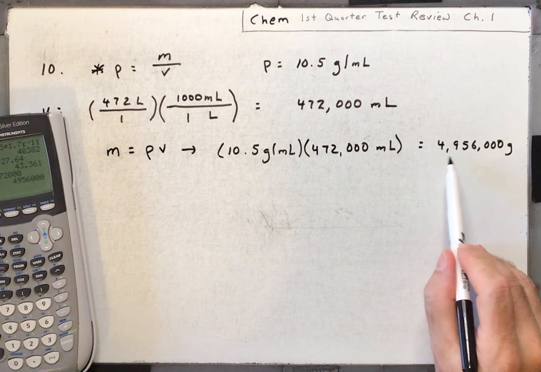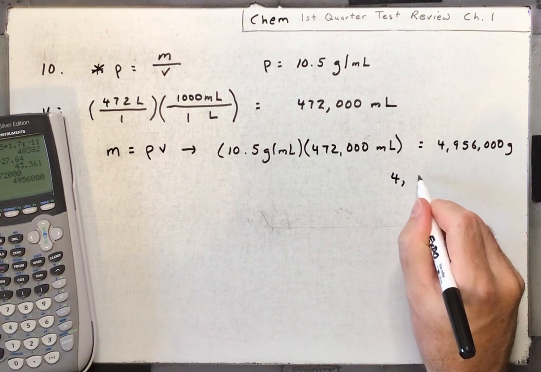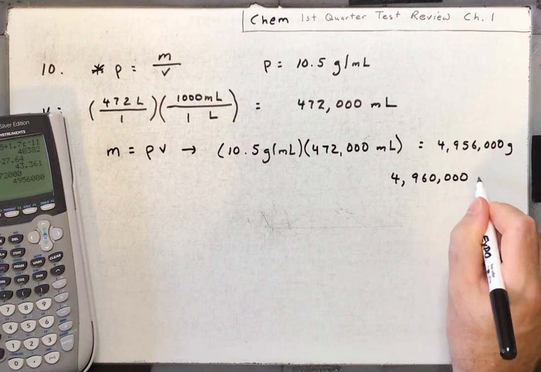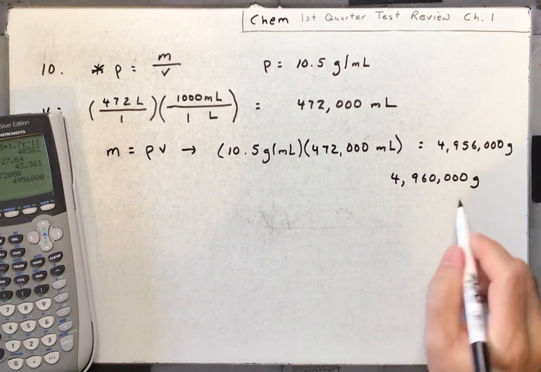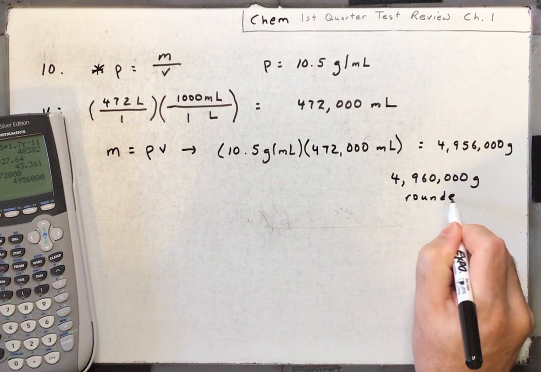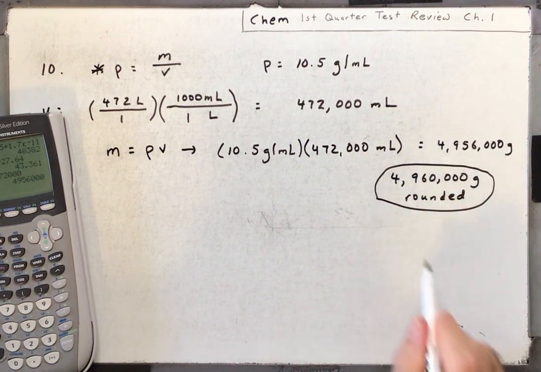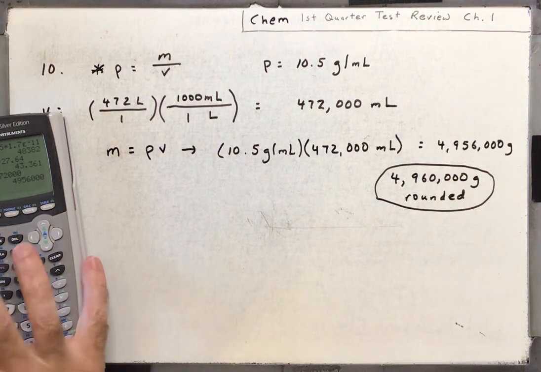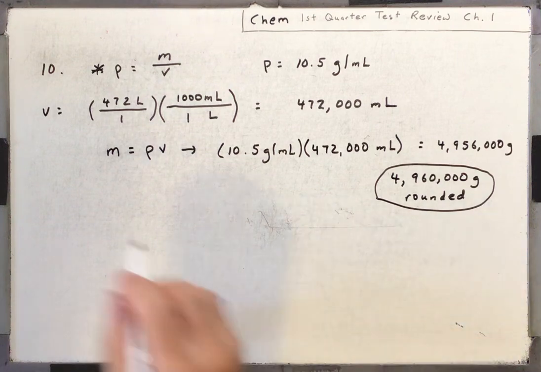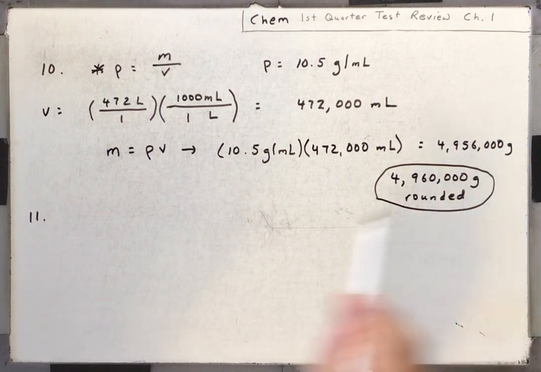So if you want to round that properly, you'd have to round it to 4,960,000 grams. So that is the rounded answer. I don't know if your teacher on the test will require this type of problem to be rounded correctly, but that would be the correct way to round it. So we'll just go ahead and do it that way. Your teacher might accept this answer.